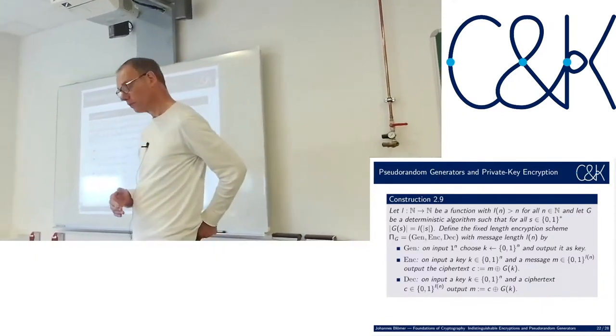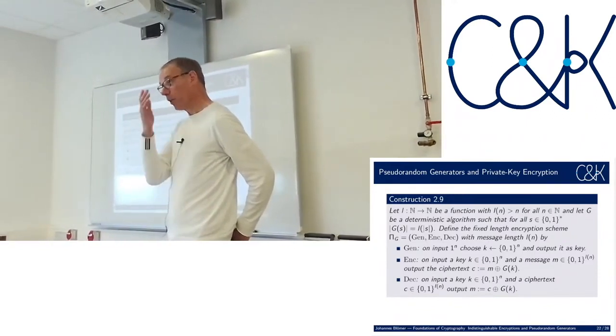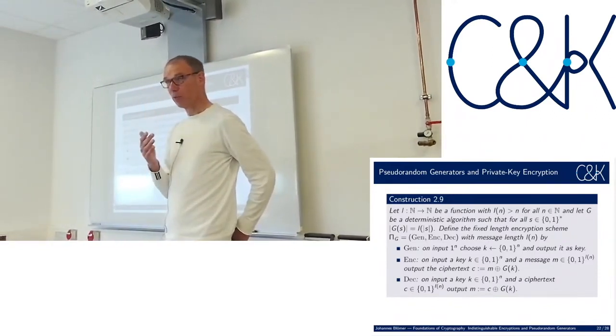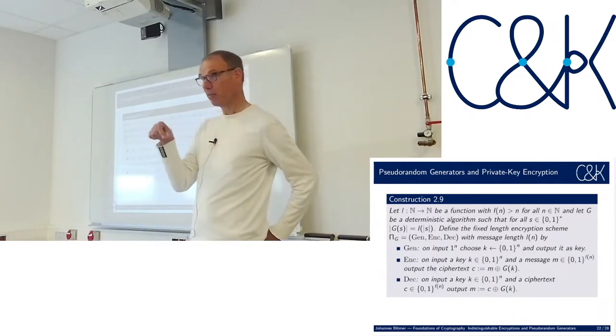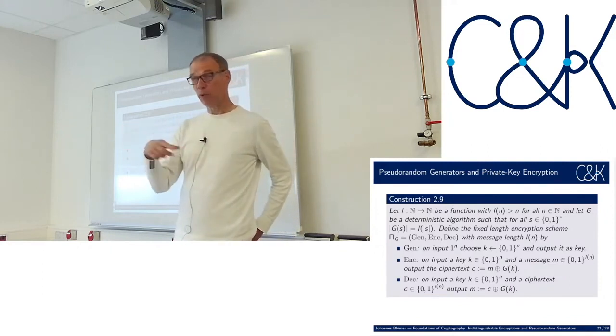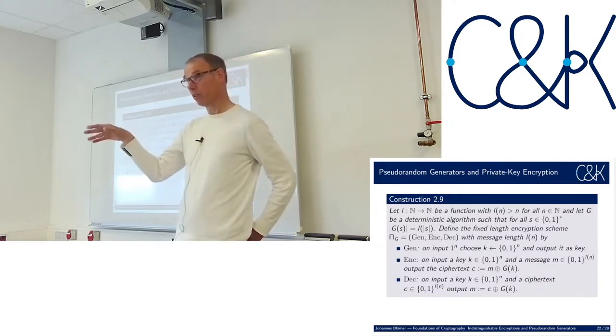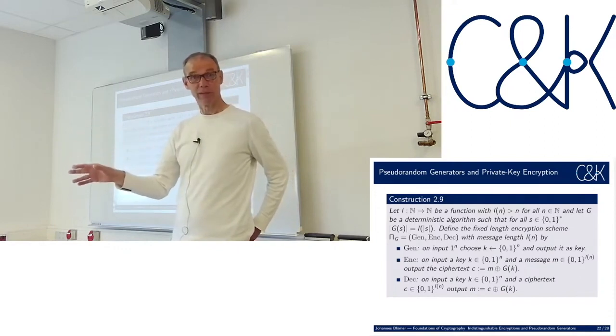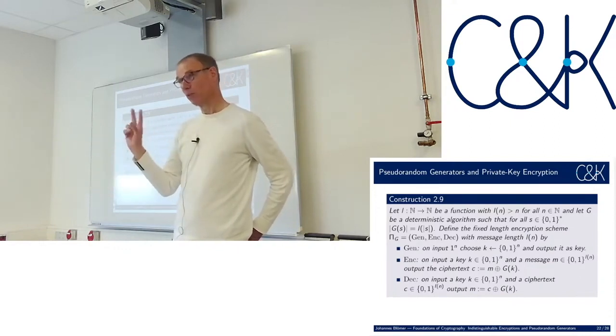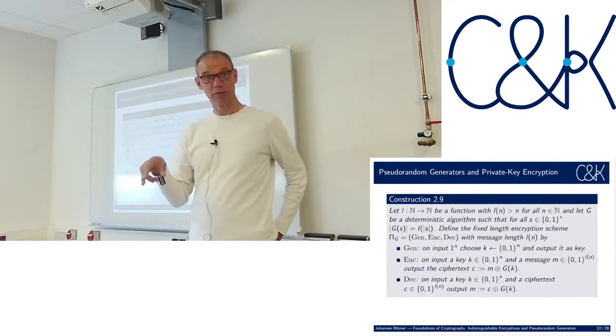When you look at research papers, they often handle these things in one sentence. Why is this secure? Well, if we replace this by random, it's clearly secure; it's pseudorandom, so it must be secure, period. They sometimes do it even shorter.